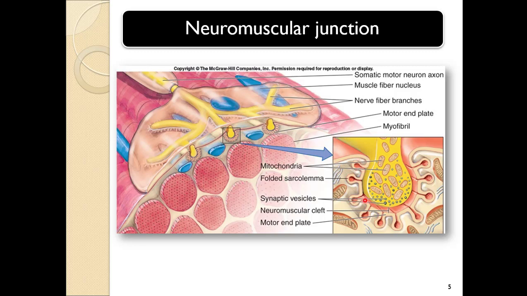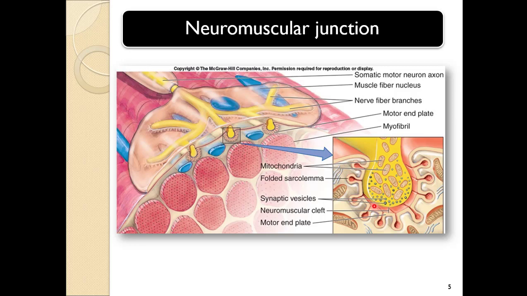Let's take a look at this inset picture here. The area I'm highlighting with my red pointer is the sarcolemma, and you can see that the neuron is invaginating itself somewhat into the muscle cell, but it's not going into the muscle cell, it's just pushing down the surface of the muscle cell to make a wider area where it can dump acetylcholine. Remember, acetylcholine is our neurotransmitter in skeletal muscle. You can see it here in these vesicles inside the end of the neuron.